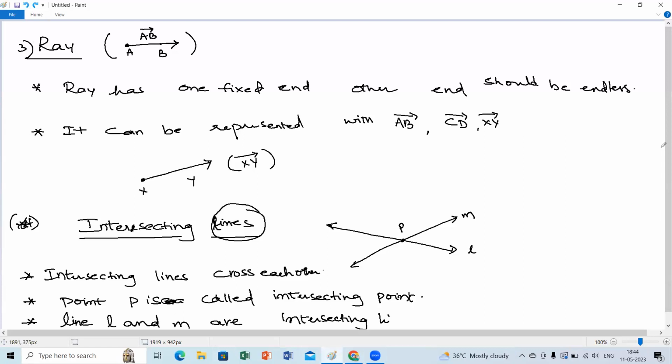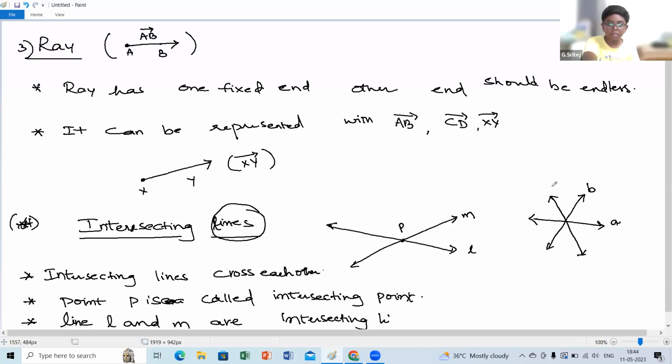Come on, children. Can two lines intersect in more than one point? No. Can more than two lines intersect in one point? That's a very important point, children. Suppose this is a line A, another line B. Not only two, more than two, so you can take one more line, and another line D. Now, my question is, can more than two lines intersect in one point?